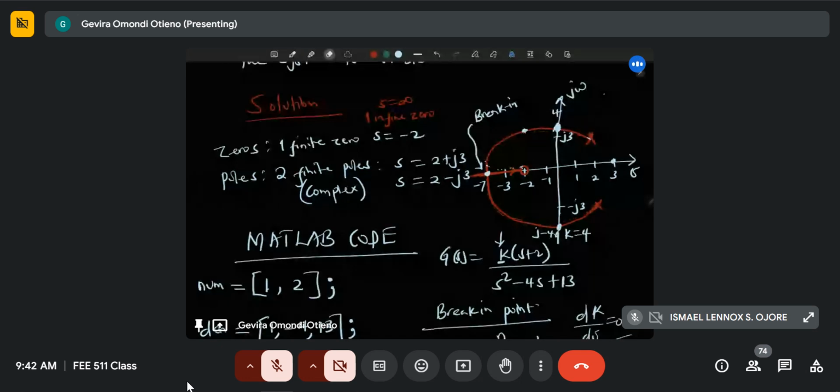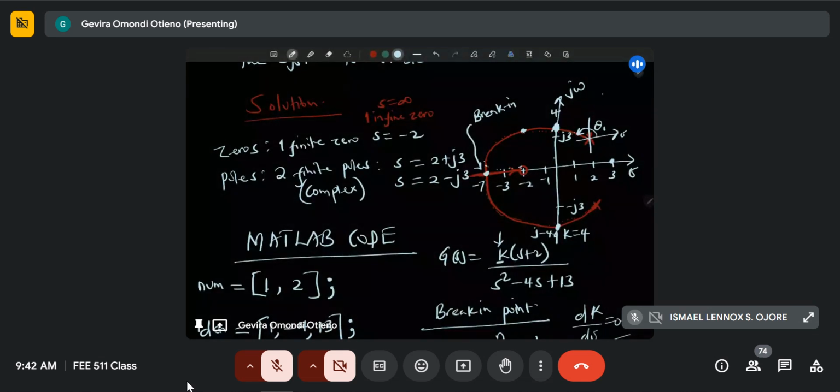So for the angle of departure, we are trying to look for this point here. This is the real axis. Right? So we are looking for that angle, call it theta 1. We are looking for the angle at which the pole departs, because it doesn't depart at 90 degrees or at 180 degrees. It departs at an angle that we are calling theta 1.